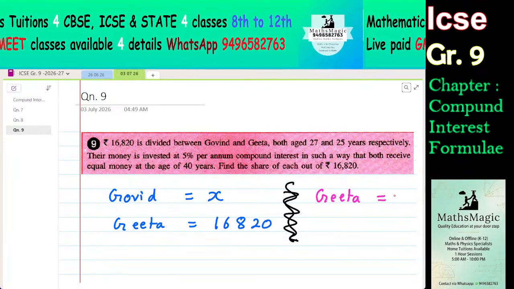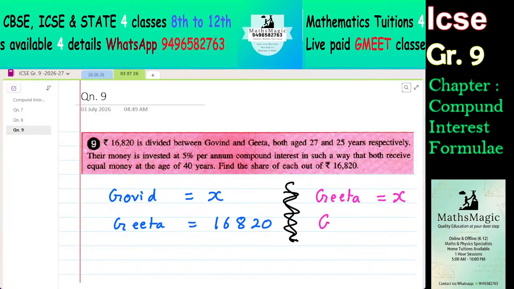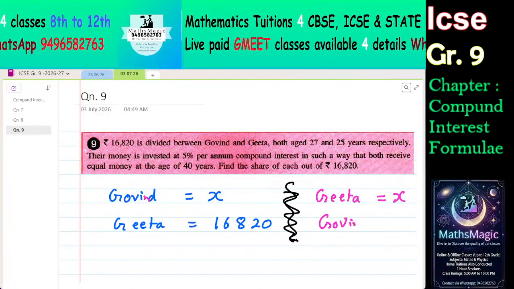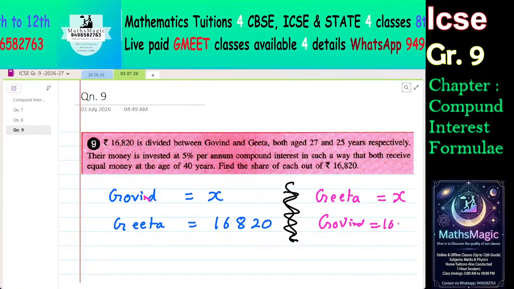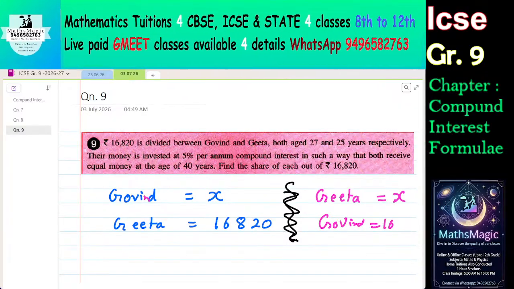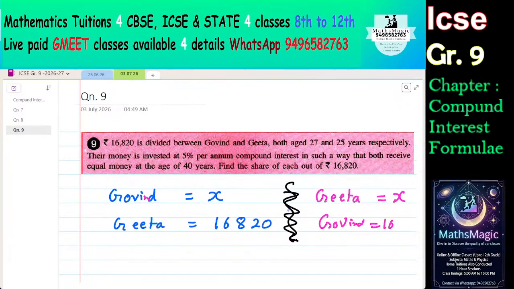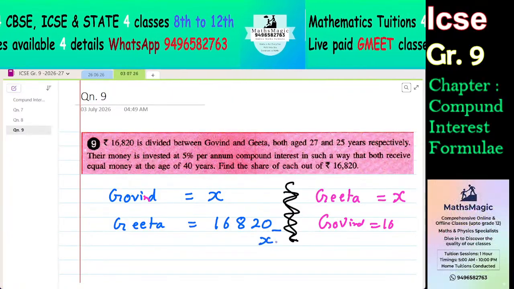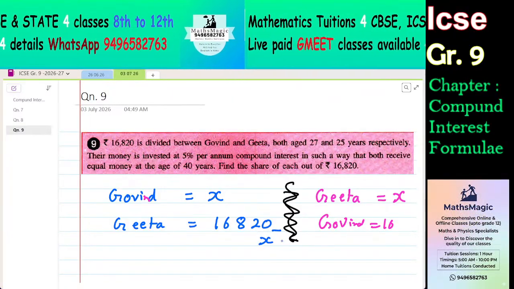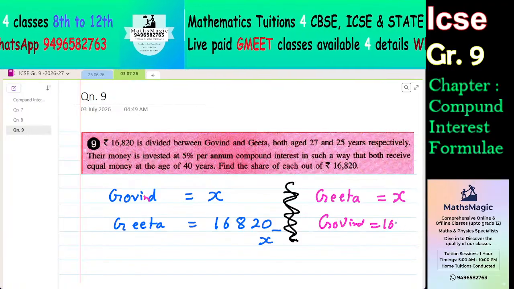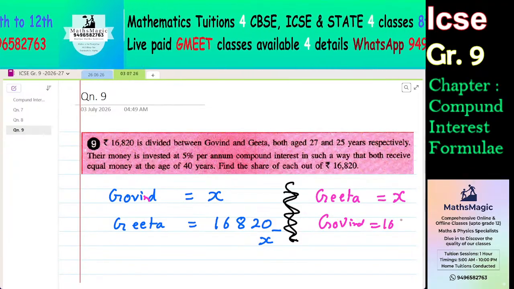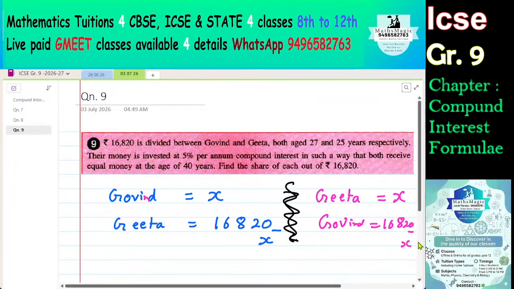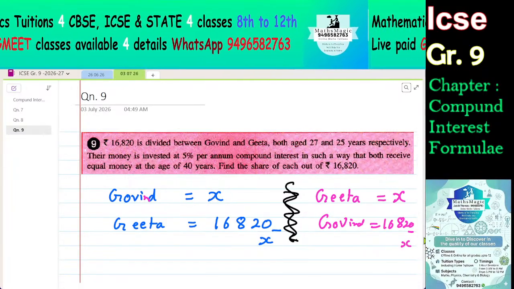If someone prefers to give Geeta her amount first, it will also work the same way. You can take Geeta as X, and Govind as the remaining amount. So the first case, it will be for Geeta 16820 minus X, and in the second case it will be for Govind. Practically it doesn't make any difference.